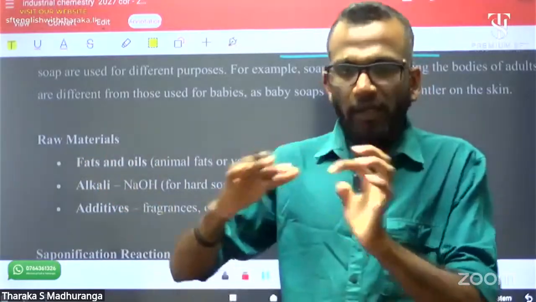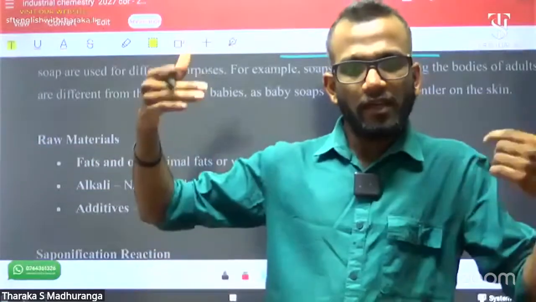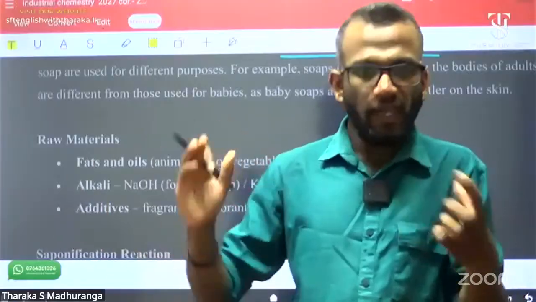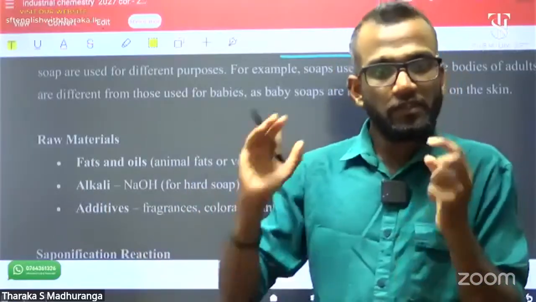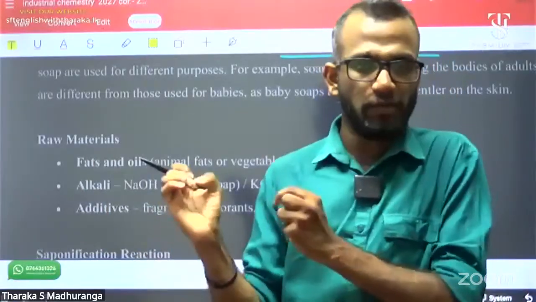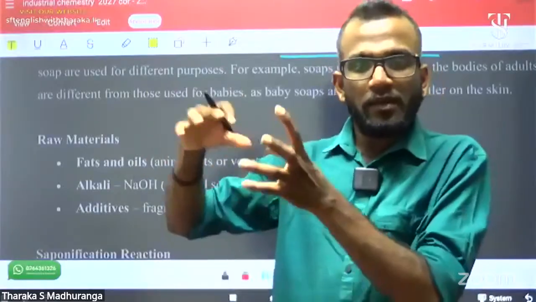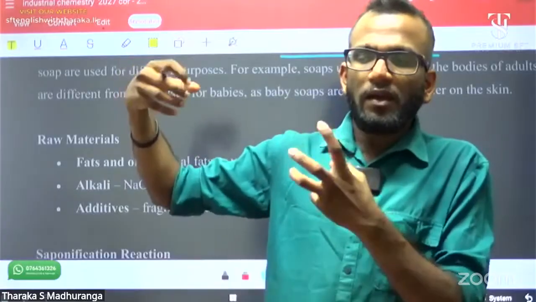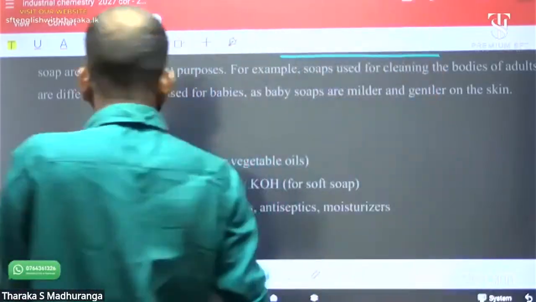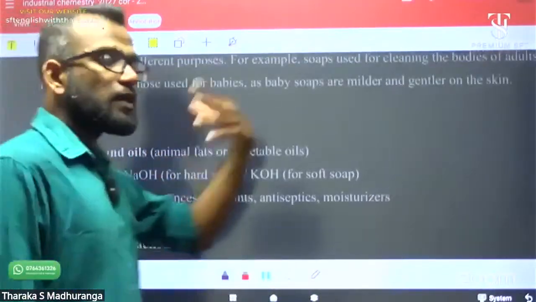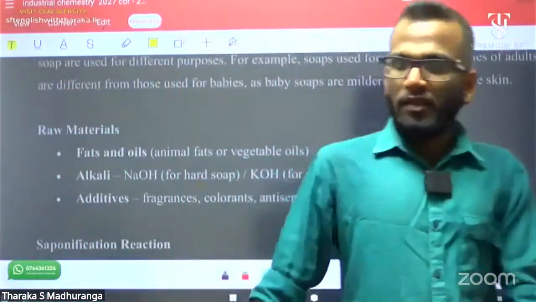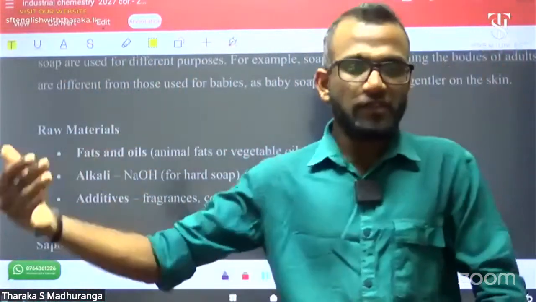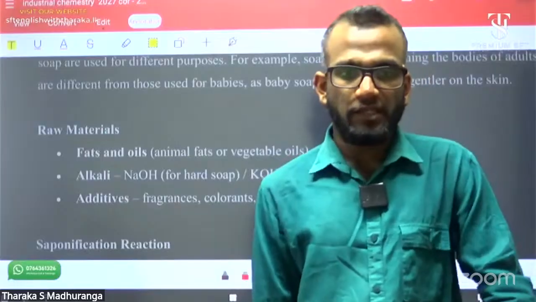But the soap production process for any type of soap has the same structure, same steps, same raw materials, and the same product is produced. Only at the final stage, the designing process, is different.